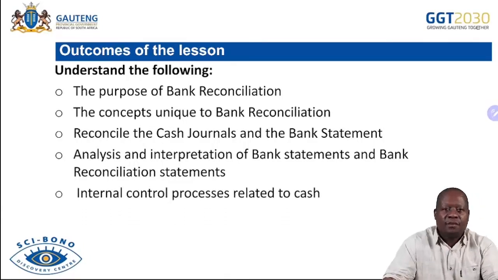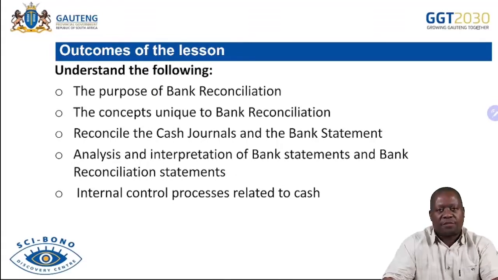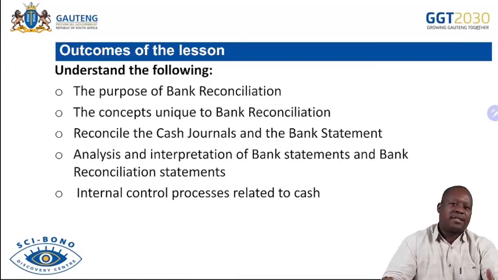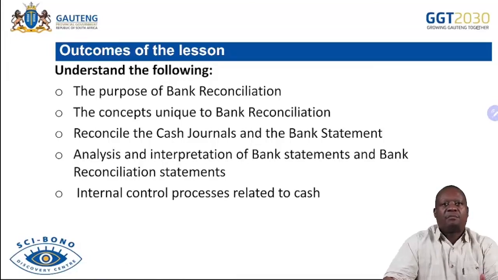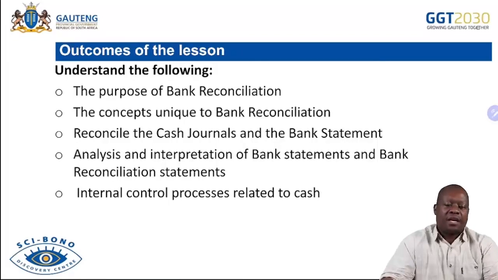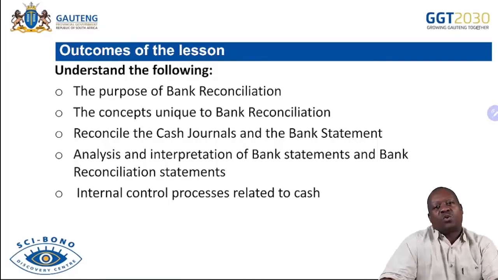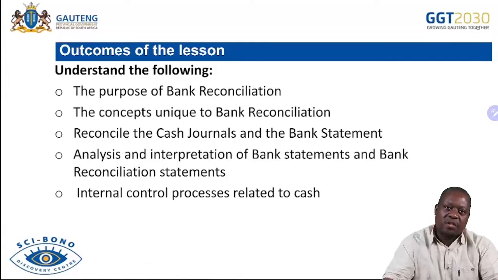And then lastly, we are going to look into internal control purposes related to cash. Remember, we are dealing with bank, business, cash received, cash paid in relation to the bank. So we are going to need to know the internal controls that are unique to dealing with cash.